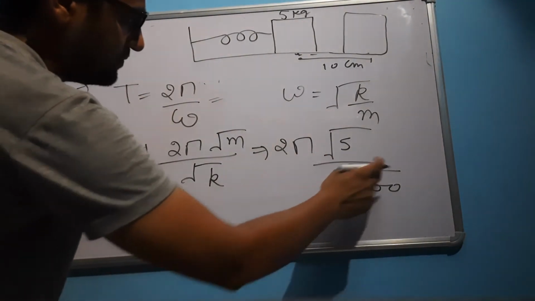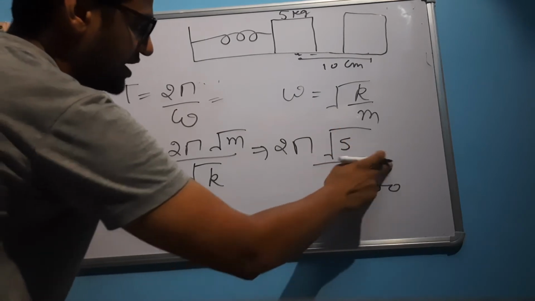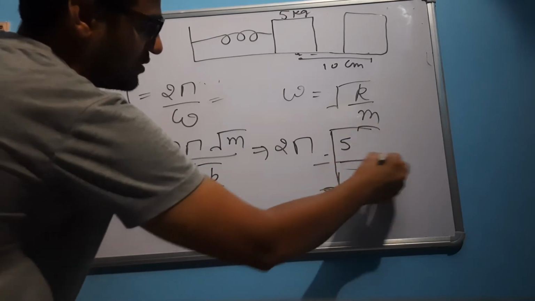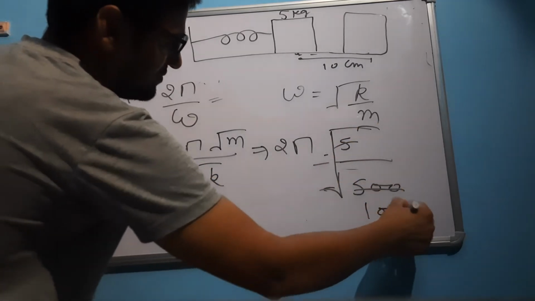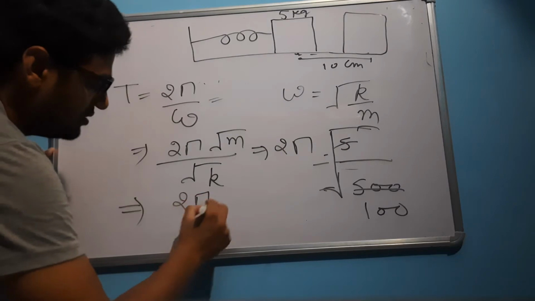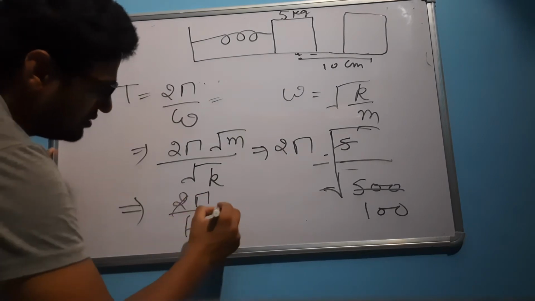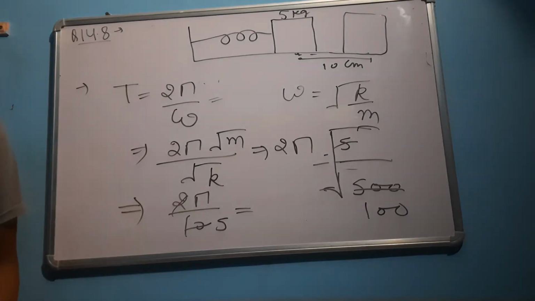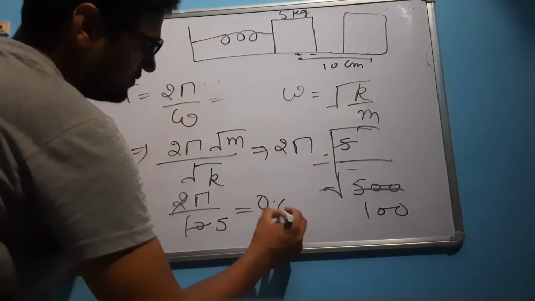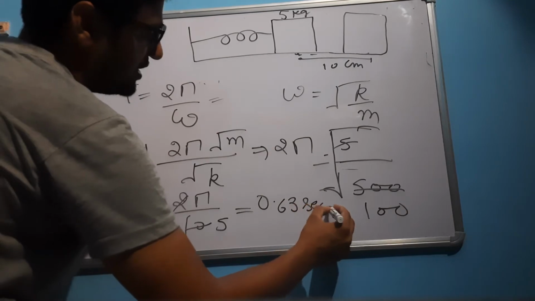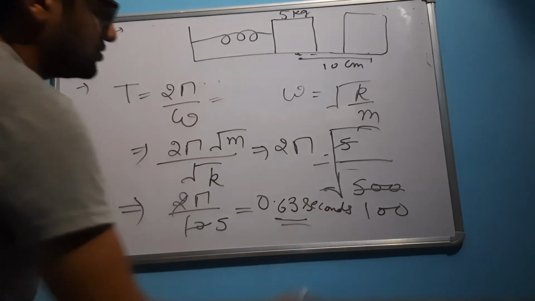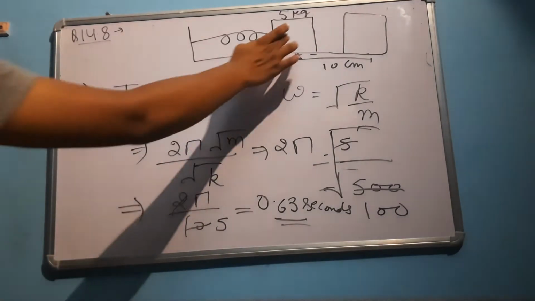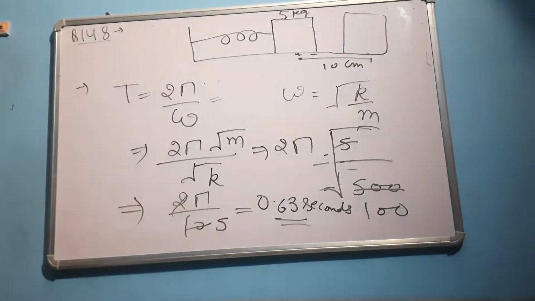It will be 1 by 100, so it will be pi by 5, and the final answer will be 0.63 seconds. So the time period to complete a single oscillation for this spring is 0.63 second.